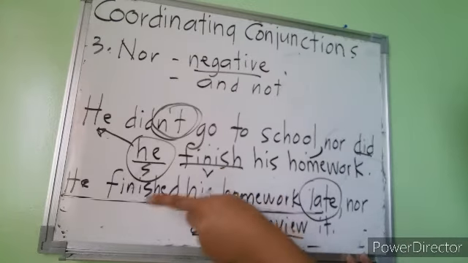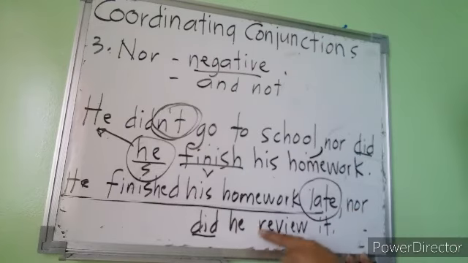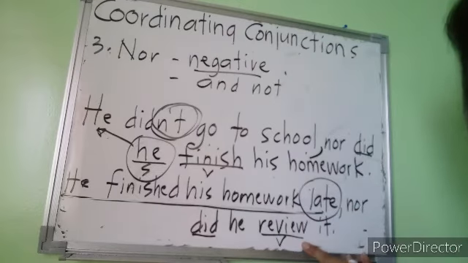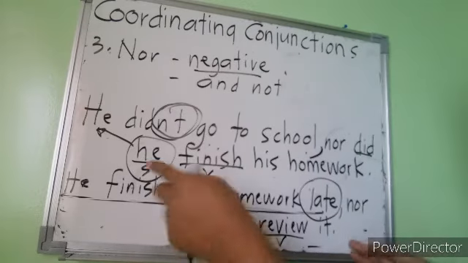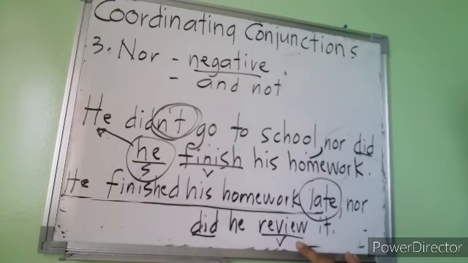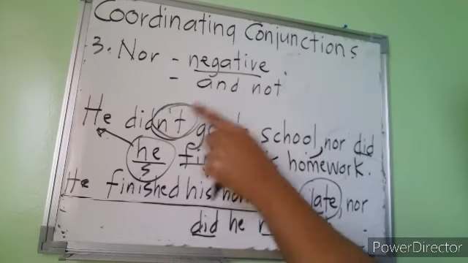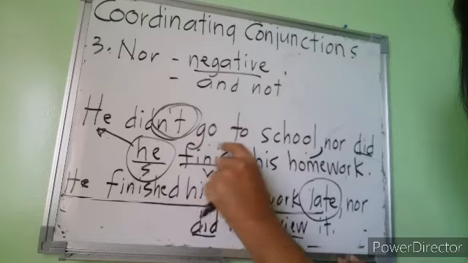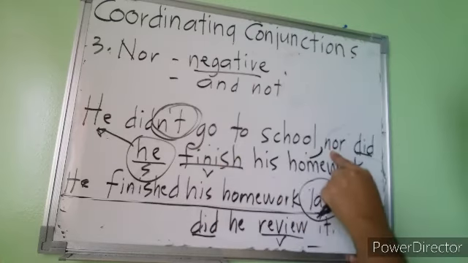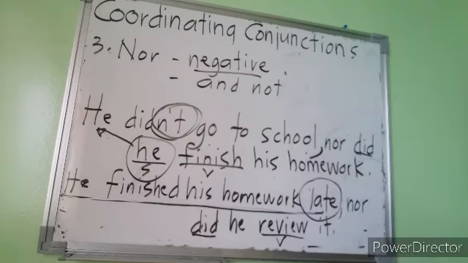So he finished his homework late, nor did he review it. And he didn't review this one also. So of equal rank, negative idea plus negative idea, negative sentence, and automatically this is also a negative sentence. So that is your coordinating conjunction nor.